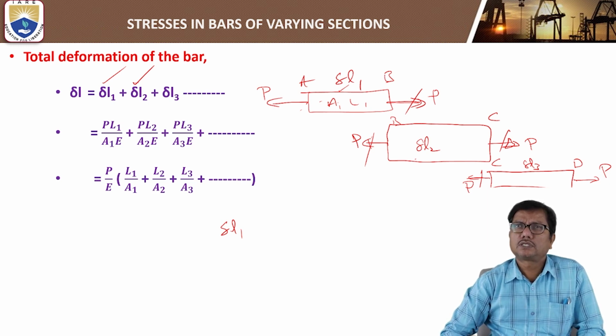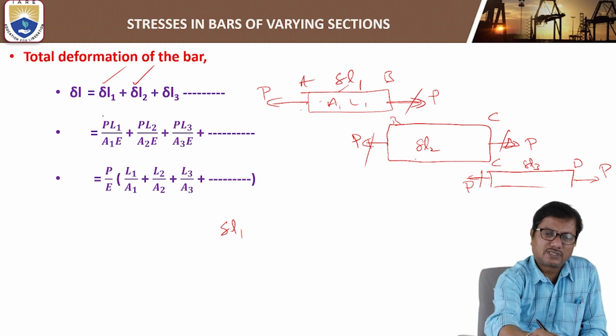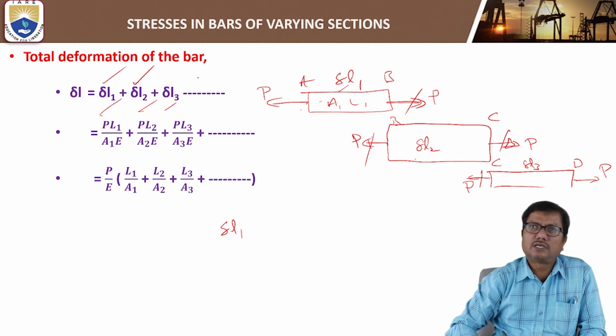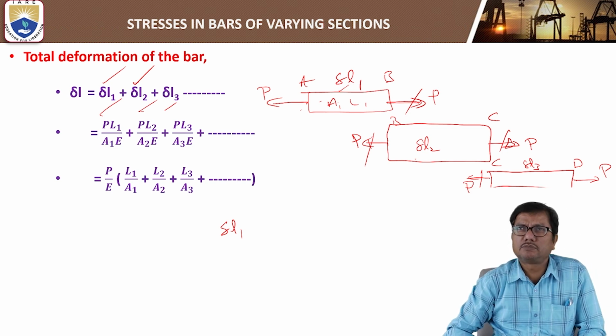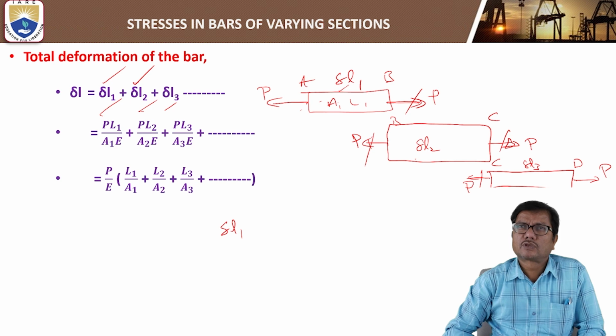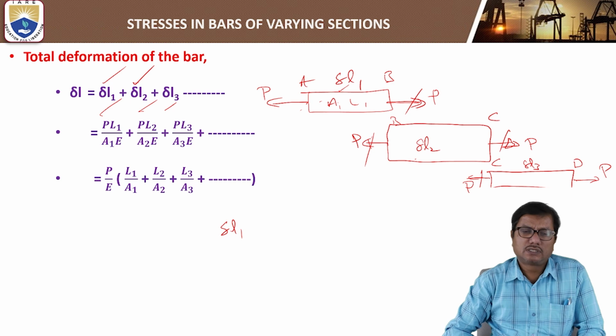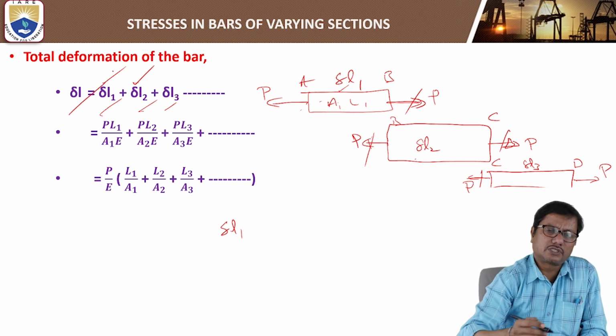So the total extension of the member is the sum of the individual extensions of the portions AB, BC and CD. So we have to find delta L1, delta L2, delta L3 and so on, and add them to get the total elongation or compression.